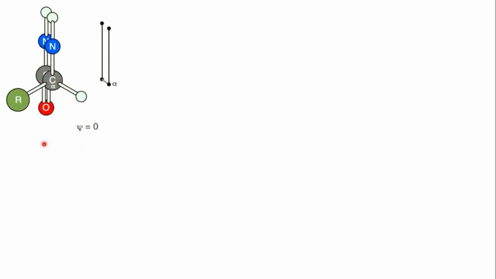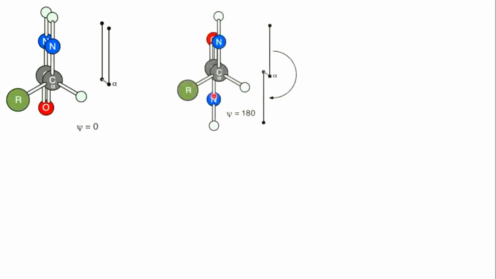You just rotate it to 180. So now you can see the carbon double bond oxygen has flipped upwards. So this was the condition where psi was 0. Now this is the condition where psi is 180 degree. So this is positive rotation, so it is +180. We can do negative rotation also, that will be -180. So I can say that the value of psi is between -180 degree to +180 degree.